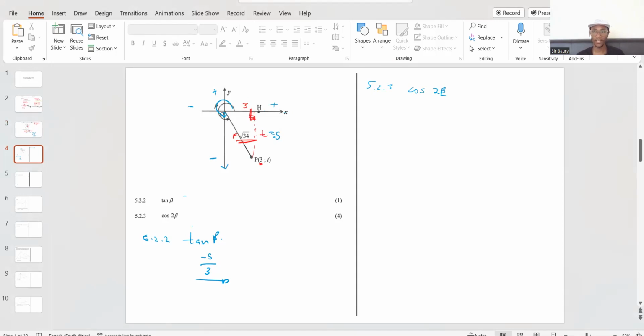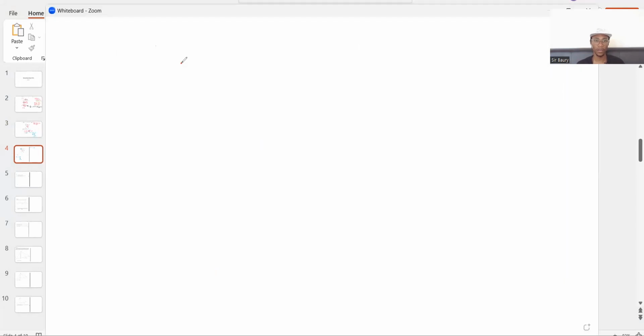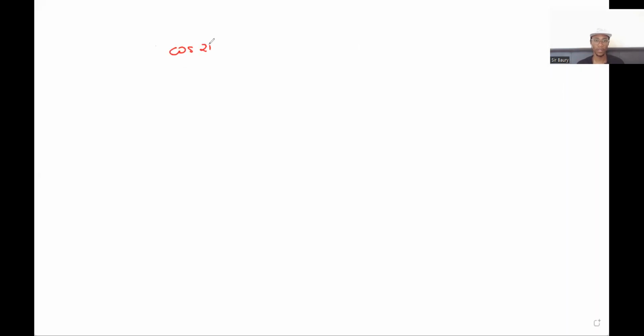So going back to its identities, let's look at cos 2 beta. This is equal to 2 cos squared beta minus 1. It's also equal to cos squared beta minus sine squared beta.